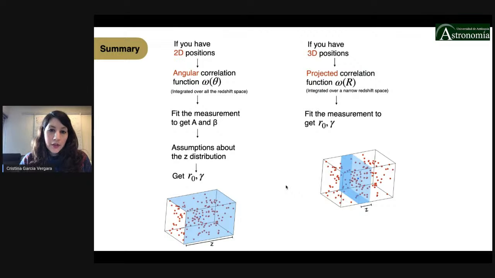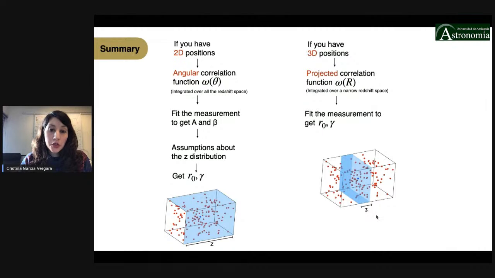Then another important thing here is that, as I mentioned, for the angular correlation function, you have projection effects in which your signal can be diluted because you are integrating over large volumes in the universe. But in the case of the projected correlation function, that is not happening because you are actually computing the pairs in a small volume, because you choose this redshift distance to be small, like I said before, around 100 megaparsec over h.